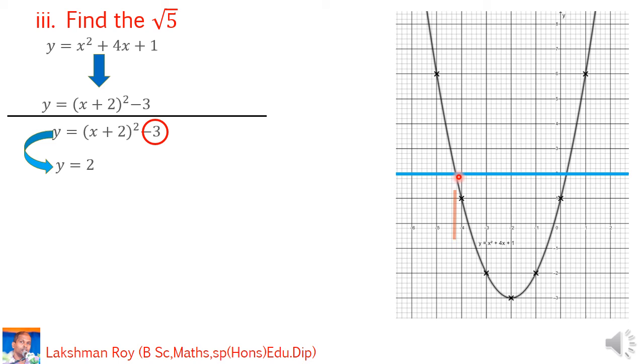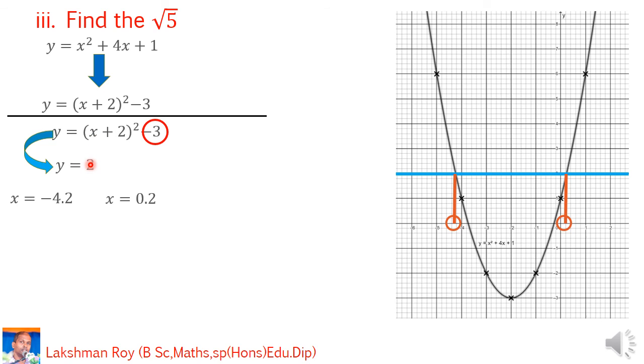You can go down and read the x value, that is negative 4.2. Here another intersecting point, read that x value, that is 0.2. So those are the two x coordinates of the intersecting points of this function and this line, right?